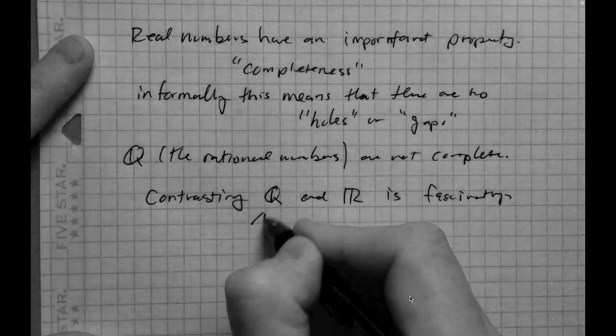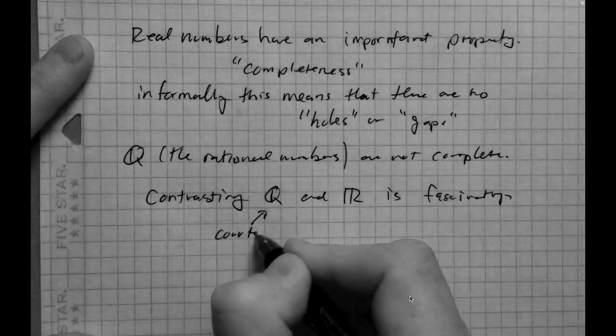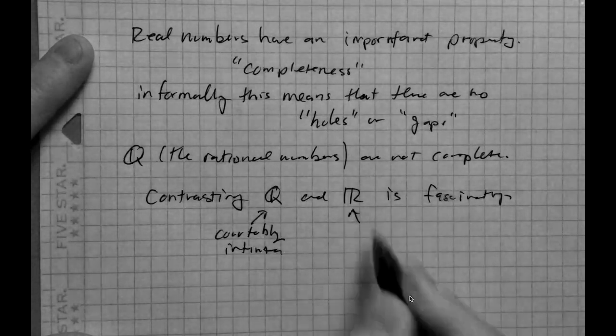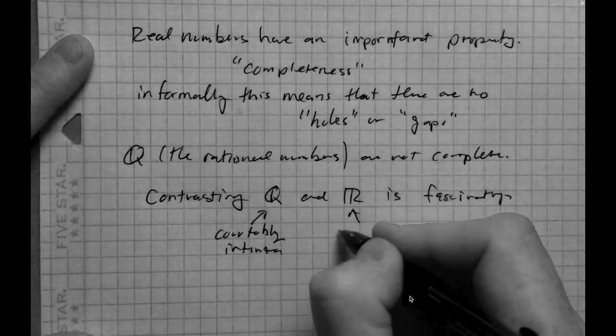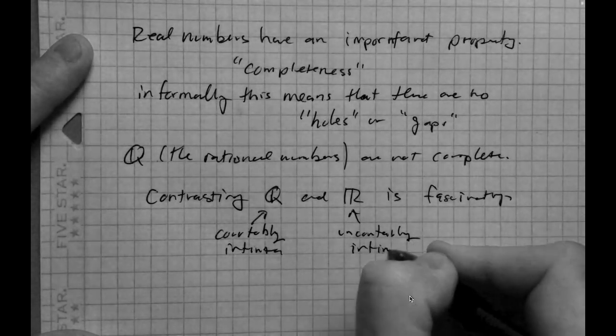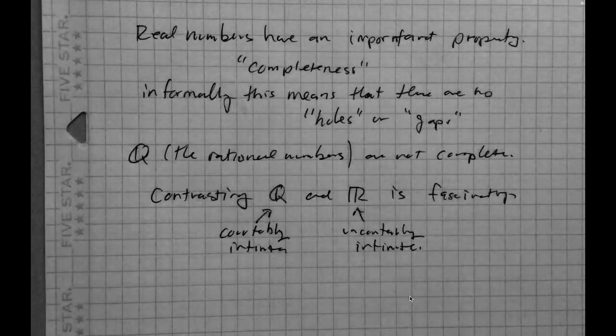This is countably infinite. This is a different kind, a larger kind of infinite. This is uncountably infinite, right? And this all kind of stems from this property of completeness. Well, in a way, they're all related ideas.